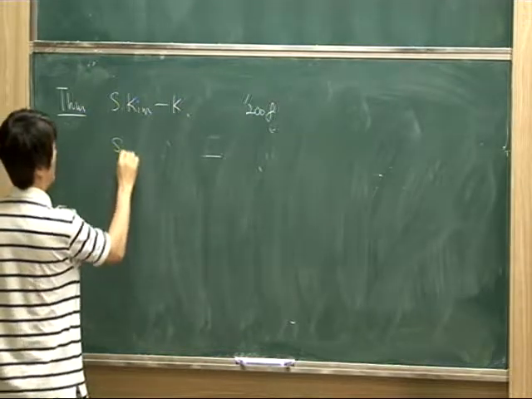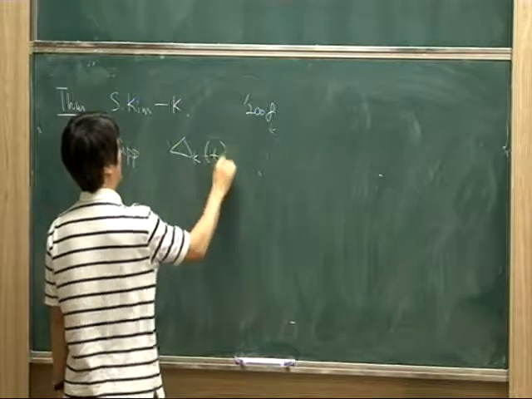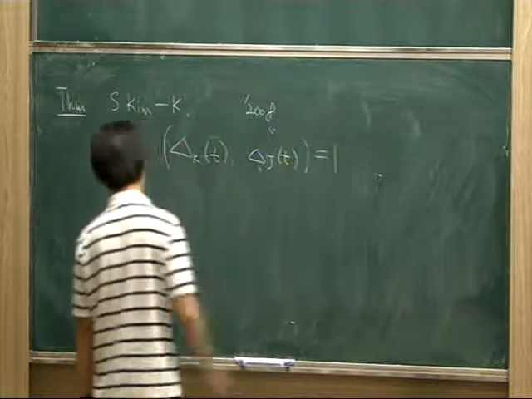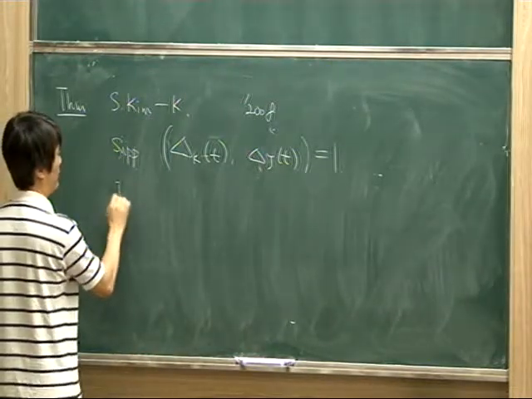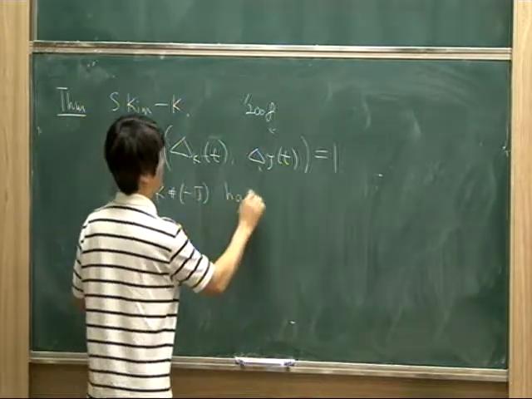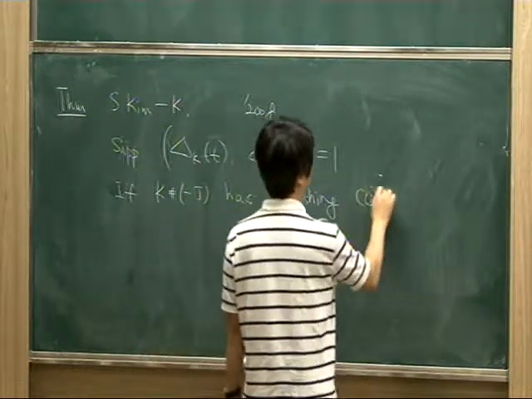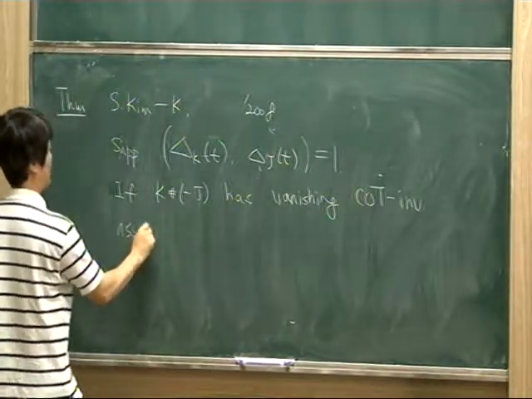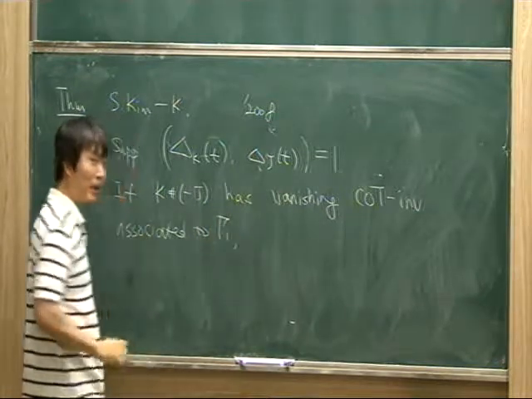Suppose two knots have coprime Alexander polynomials, and suppose K connected sum minus J has vanishing Cochran-Orr-Teichner invariants associated to gamma 1, just gamma 1.